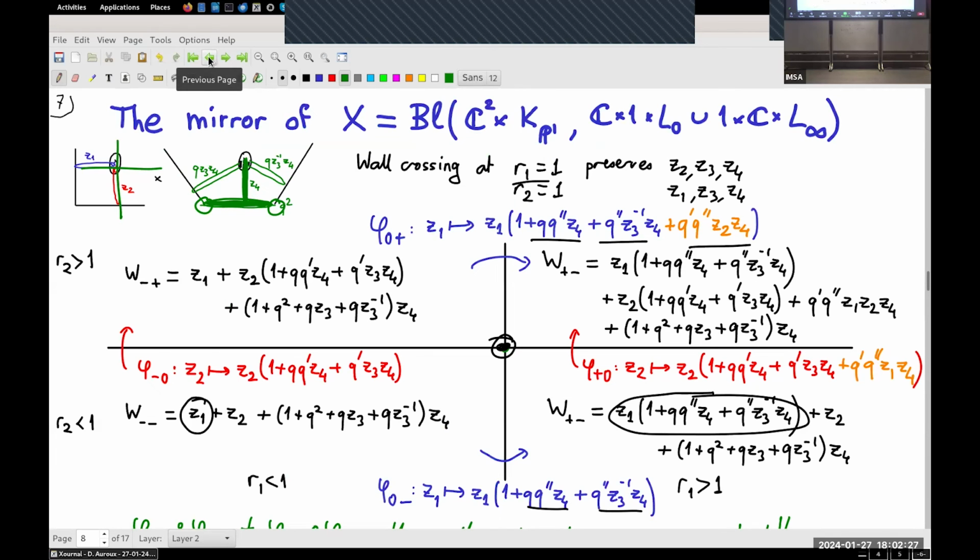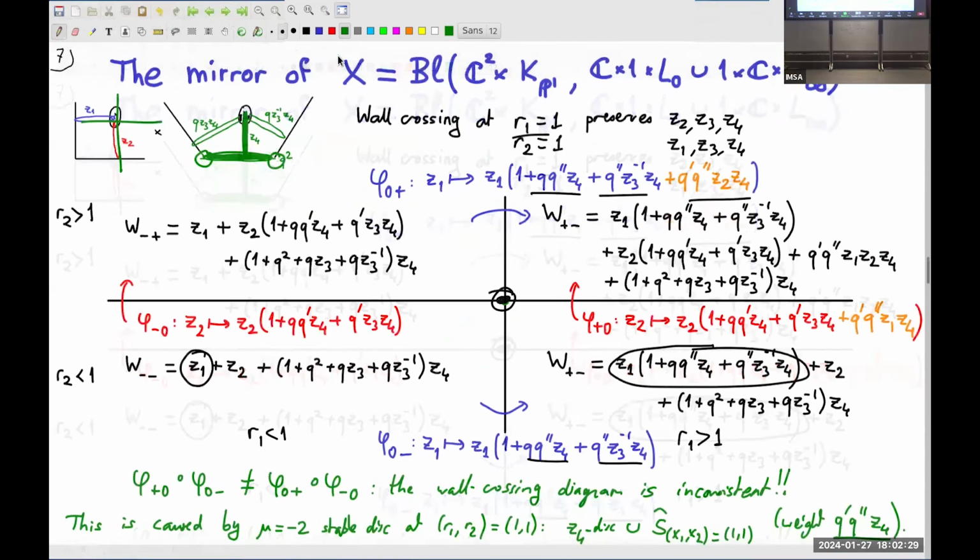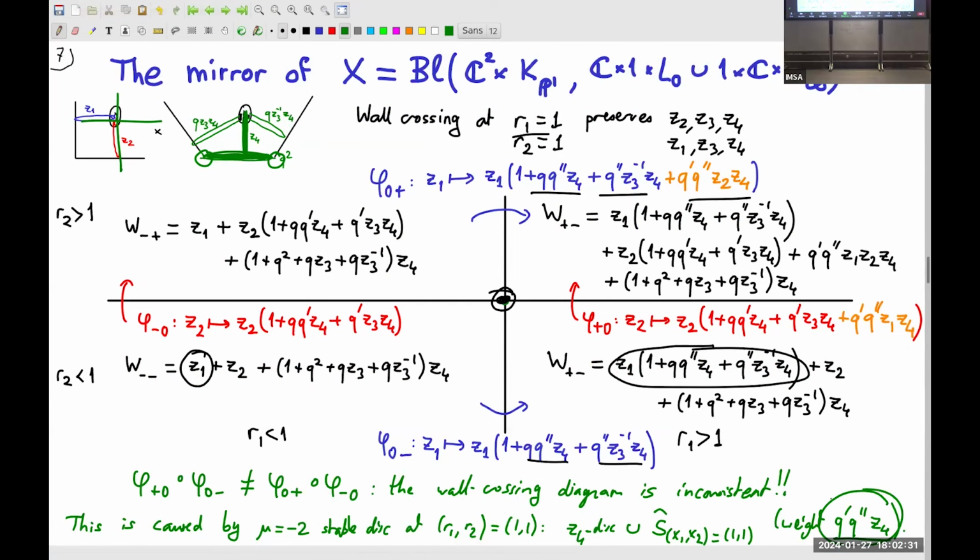So the inconsistencies come with this weight Q prime, Q double prime. So these are Novikov weights of proper transforms of those spheres, times Z4 is the weight of this disk, times, and then like here I have Z1, Z2, Z2, Z1, and so on. Anyway, what's going on?